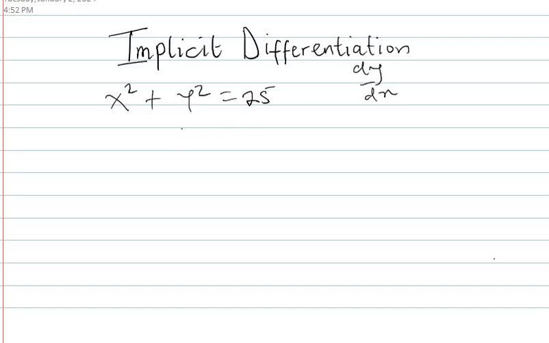So what we need to do firstly is to multiply through by d by dx.